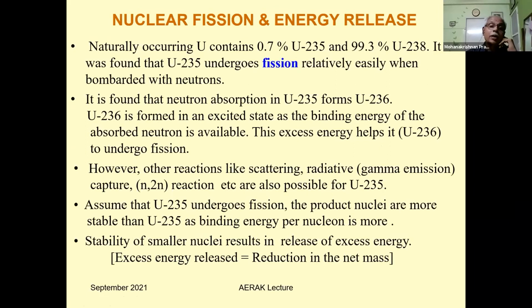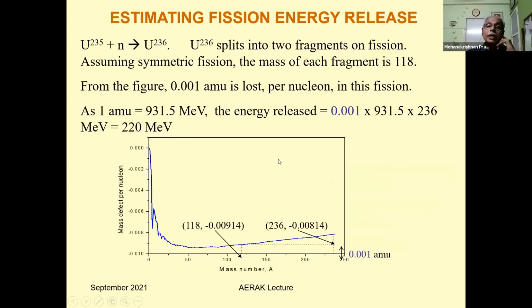Here Dr. Vaidya in his lecture had shown a binding energy curve shaped like an elephant. Now this is the reverse, as I am plotting the mass defect per nucleon.